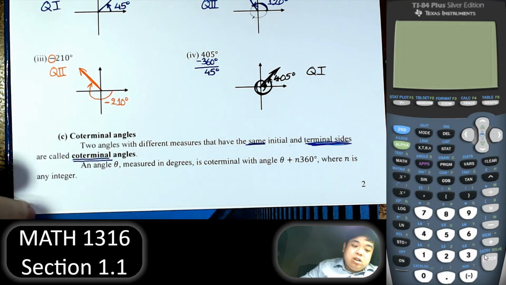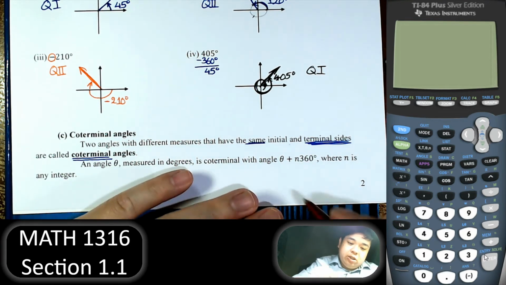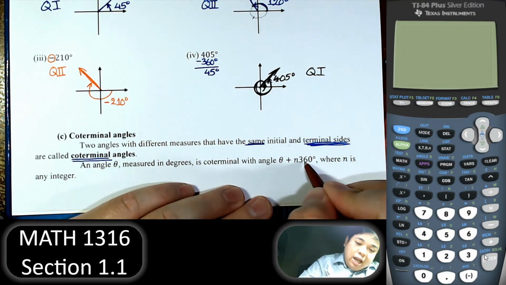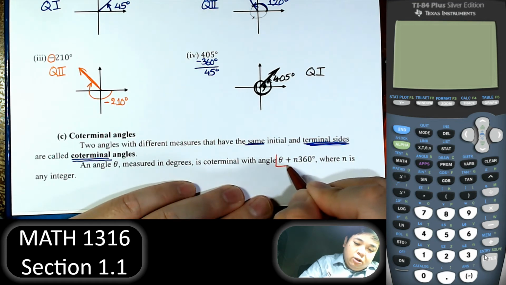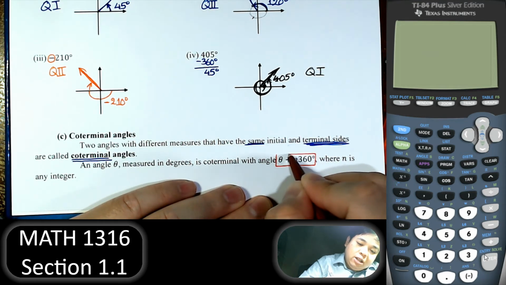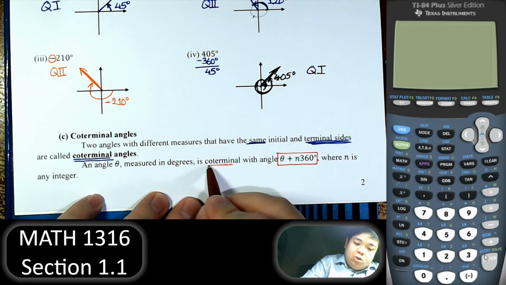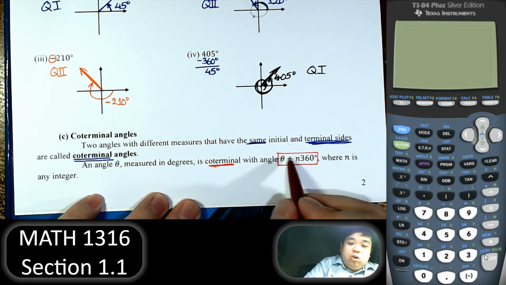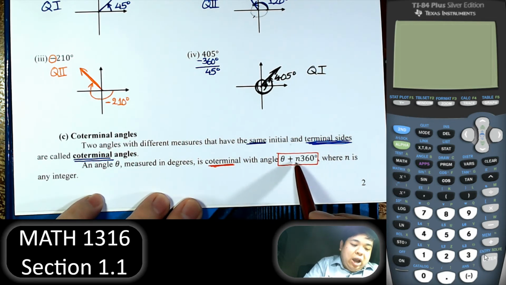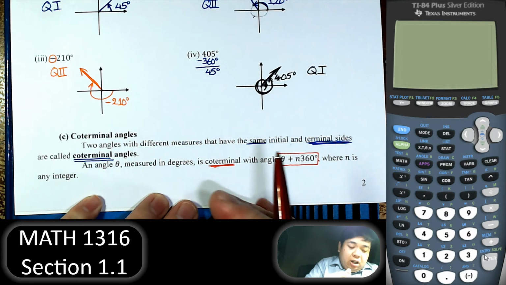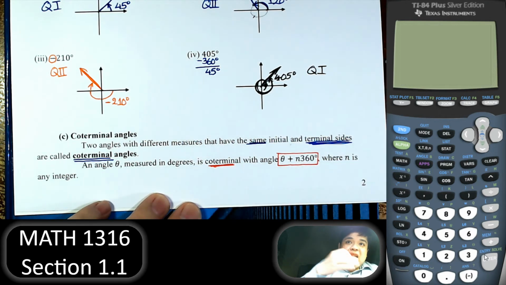The relation of coterminal angles is that we just add a multiple of 360. So a coterminal angle is that angle plus a multiple of 360, where n is an integer. Because 360 is a revolution, if we add one revolution, we get back to the same position.